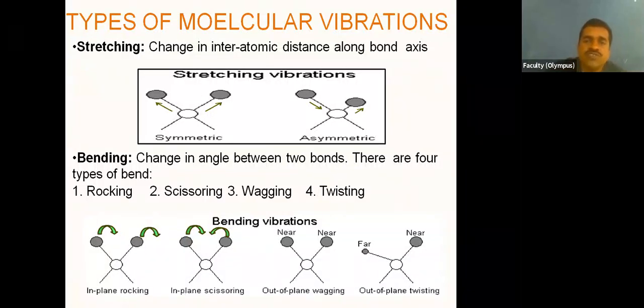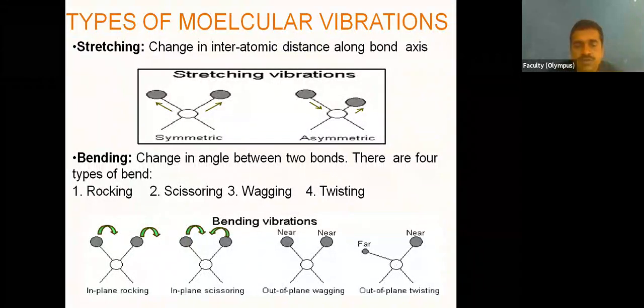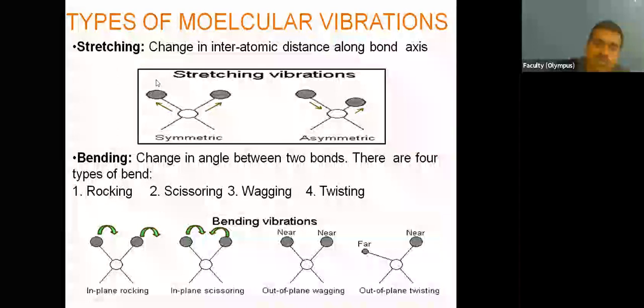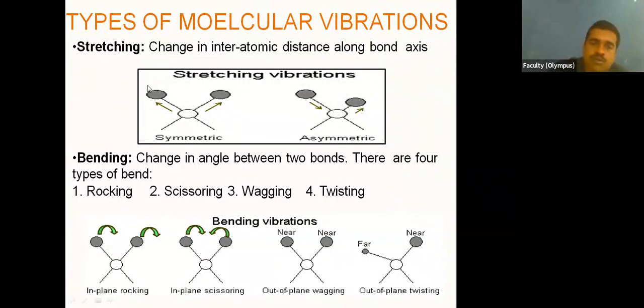Now there are two types of stretching vibrations. Symmetric stretching, in which both atoms go away from the central atom and again come close to it. Both bonds stretch at once and elongate at once, at the same time.